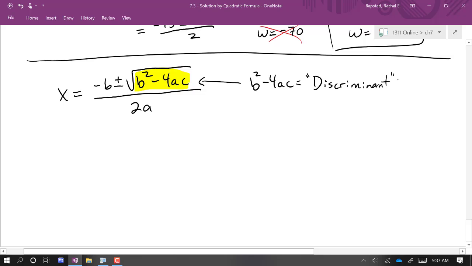And the value that it takes on has ramifications or implications for the types of solutions that we get for a quadratic. So if it is positive, that means that our quadratic will have two real solutions, like real number solutions.